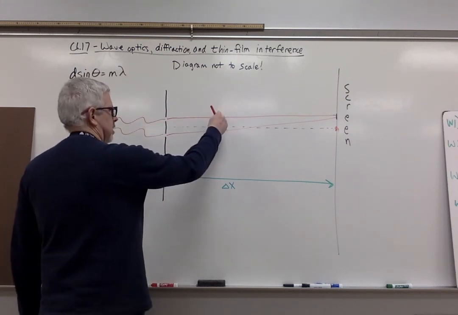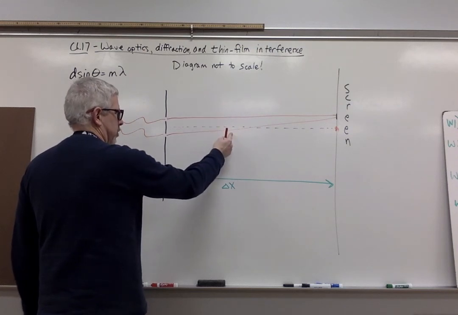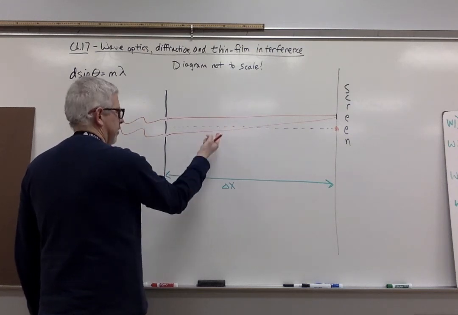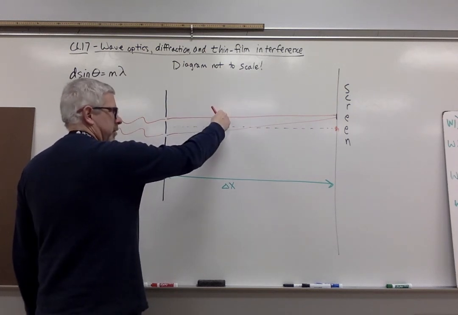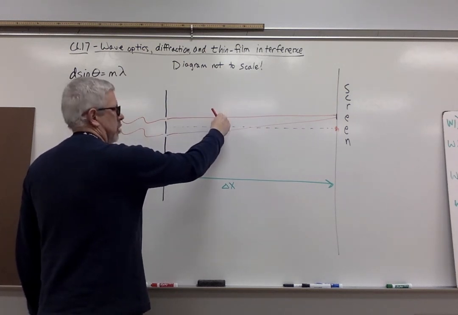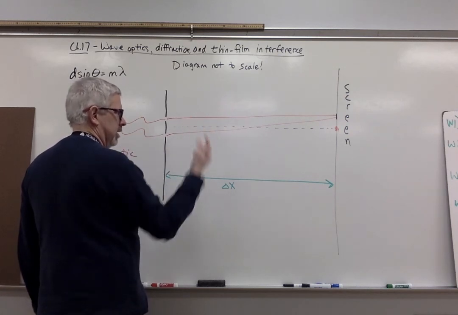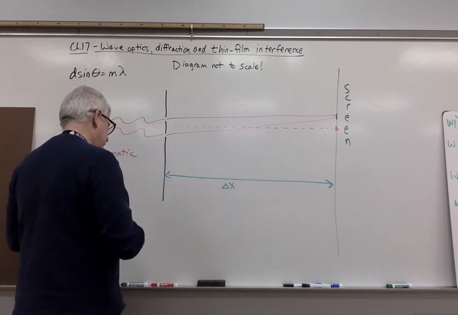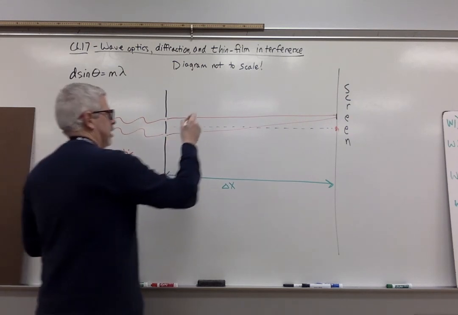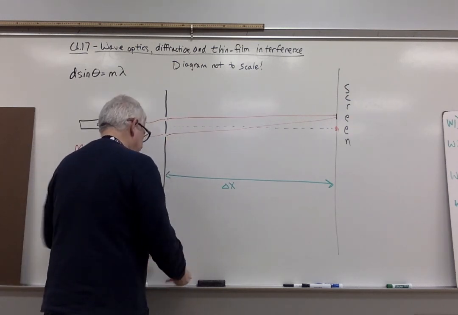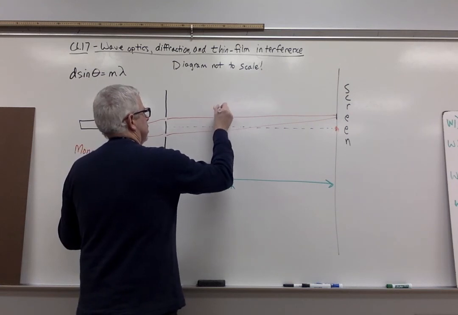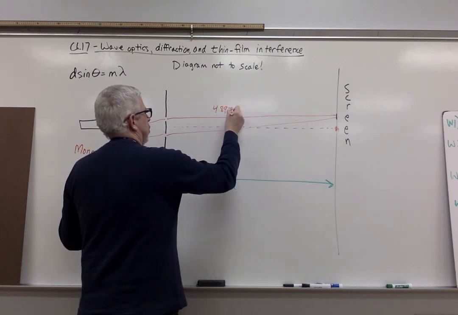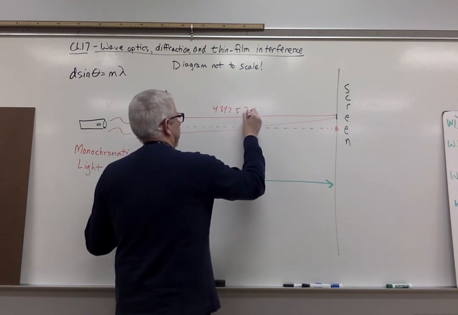So if a crest comes from this one, you have a trough from this one. If a trough comes from this one, you'll have a crest from this one. If something at a certain point of a wave comes from this that's not a crest or trough, whatever comes here will be the exact opposite, half a cycle off. So let's say this one travels 4,897.5 wavelengths.